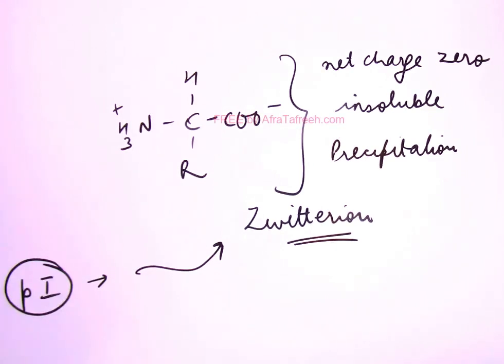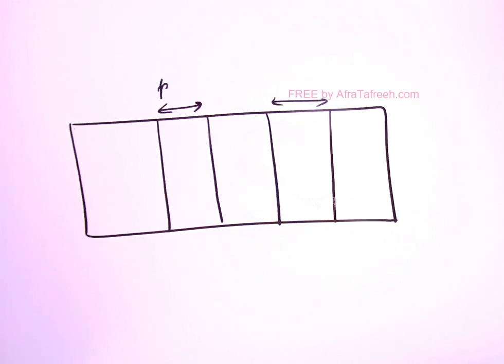Now let's see what isoelectric focusing is. That is, using isoelectric pH, we can cause the separation of proteins by electrophoresis. See how. Let's say this is an electrophoretic plate. In this electrophoretic plate, I am taking different pH in different areas. Here pH is 3, here pH is 9.